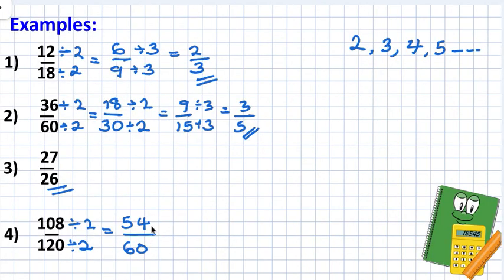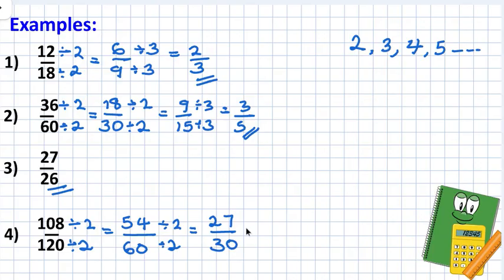So we have 54 over 60, which you can simplify further. So we divide by 2 again, because 2 can divide. If 2 goes in 54, you get 27, and in 60, you get 30. So we have 27 over 30.